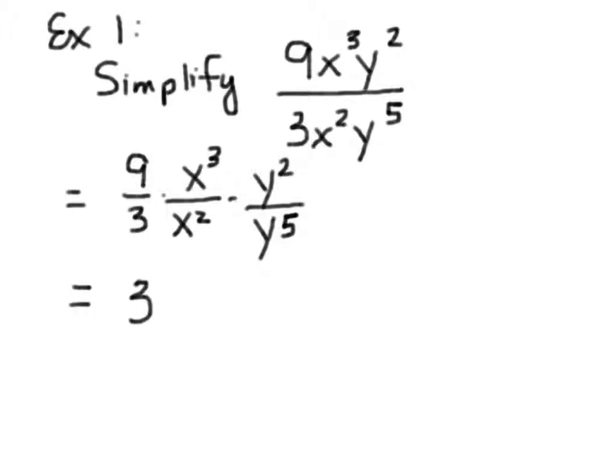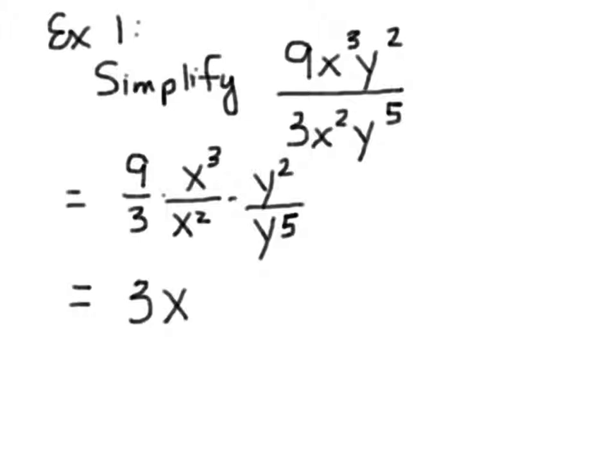Now, our rule tells us that we're going to subtract these two exponents. So let's look at the x's. The x is bigger, so our x's will be in the numerator. And we subtract 3 minus 2, that's a 1, and we don't really need to write 1.